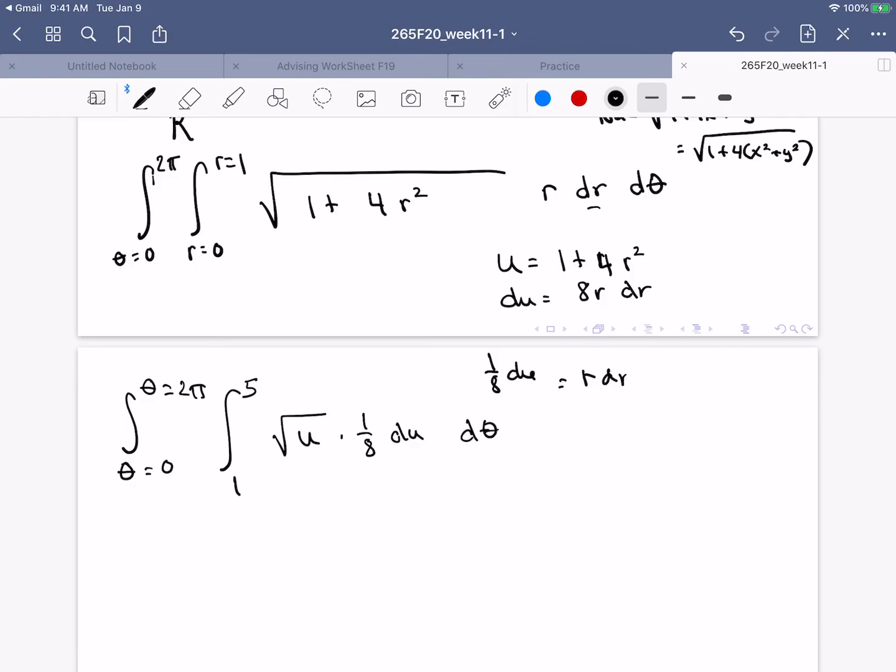I can go ahead and separate out those integrals. So it's going to be 2 pi times u to the 3/2 times 2/3 times 1/8, u going from 1 to 5. So this will be pi over 4, pi over 2, pi over 6.